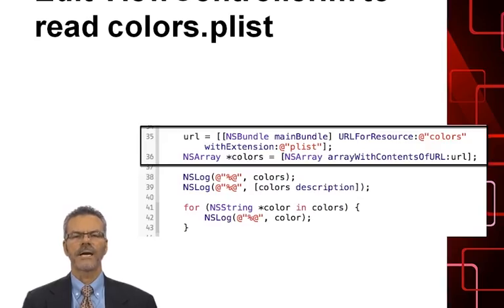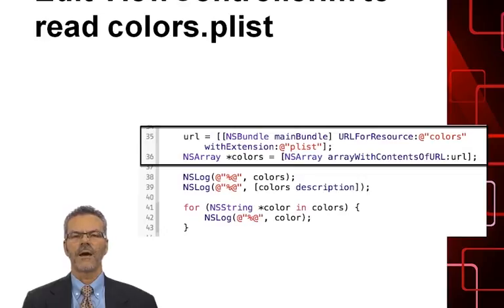So our task is to actually get that information from the bundle. We want to get the property list. And we do it just like we did when we were reading a text file from the bundle. That is, we first would take the bundle, go to the main bundle, and then ask a URL for resource, and we would get back the URL.